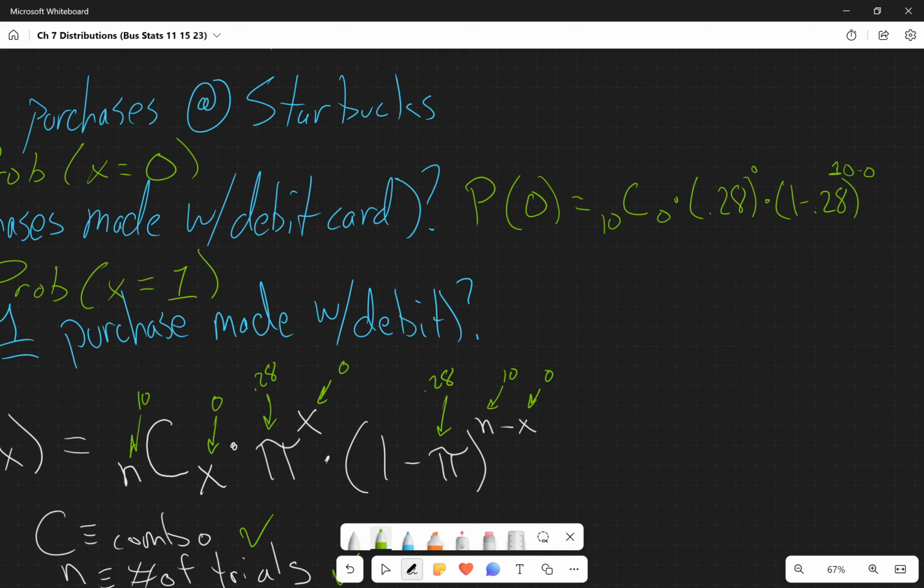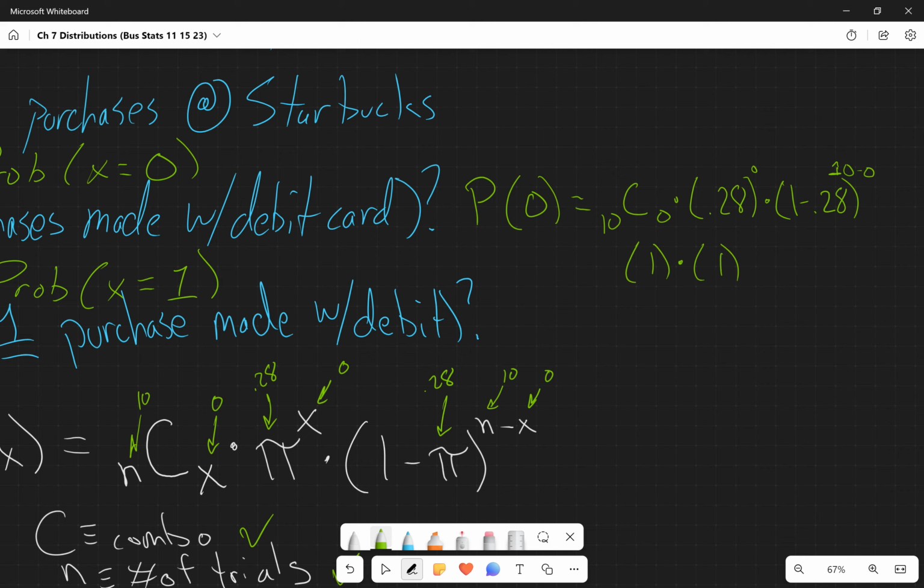That clear how we got from the formula through the prompt to the solution? The combo means we're going to plug in the combination equation. Correct. That we learned last chapter. Or we could also just plug into Excel or Google. So when we calculate this 10C0, we wind up with 1. And then anything to the 0 power also gives us 1.